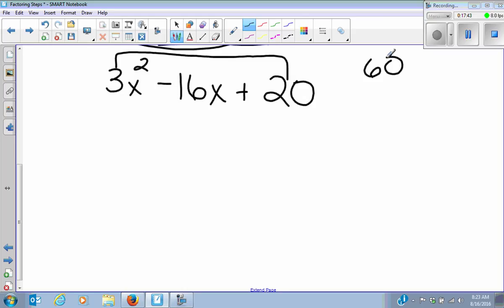You can also subtract. It could be a 6 minus 10. Negative 6 minus 4, negative 20, positive 4. That won't work.